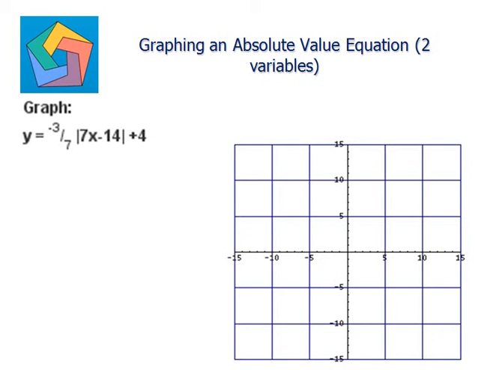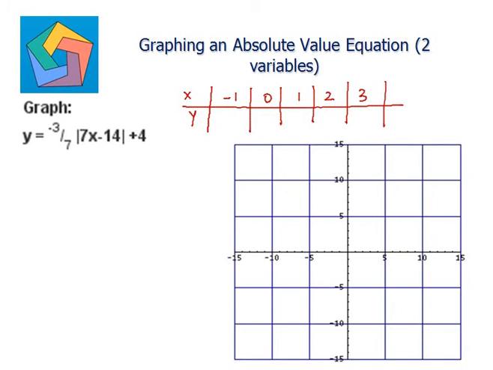Graph y is equal to negative 3 by 7 times the absolute value of 7x minus 14, plus 4. So we can create the xy chart. Now I'll assume my x values as negative 1, 0, 1, 2, 3, 4, 5.